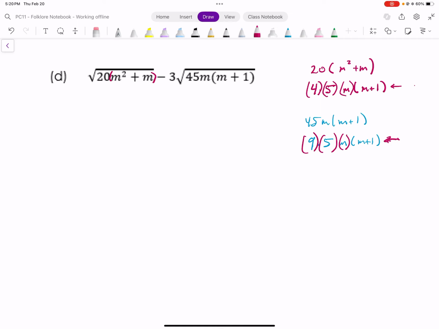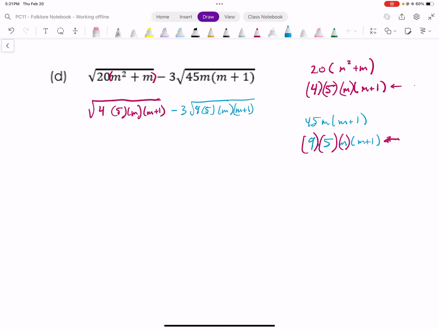So I'm just going to rewrite my radicals in the following way. I'm going to put my perfect squares first. That perfect square is 4, and then it's a factor of 5 times m, and then m plus 1. My second radical can be written as 9 times 5 times m plus 1.